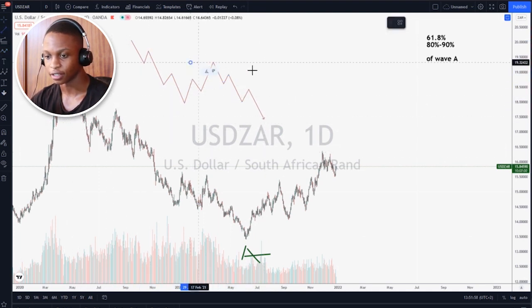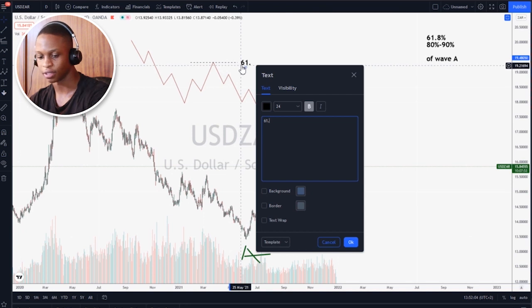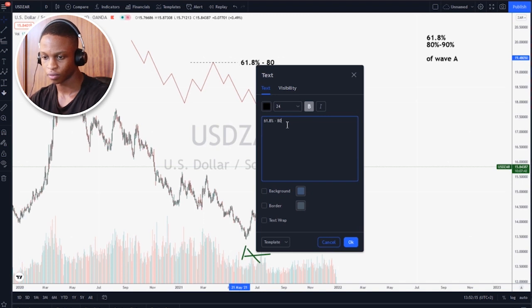And in these cases, where zigzag is involved, wave B is between 61.8% and 80%. Okay.